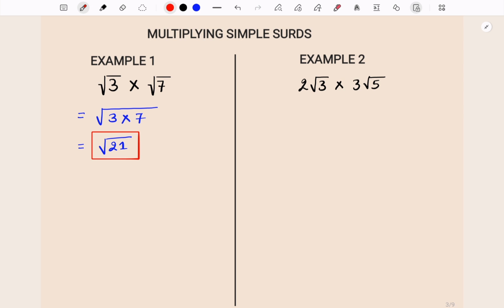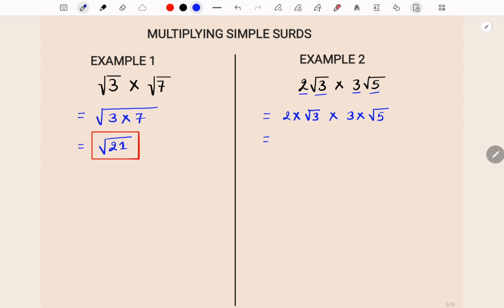Now let's try an example with numbers in front. Here we will multiply the numbers 2 and 3 separately and the surds square root of 3 and square root of 5 separately. So I can write it as 2 root 3, which is 2 times root 3, multiplied by 3 root 5, which is 3 times root 5. Now let's multiply the numbers.